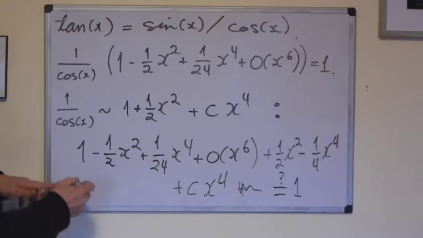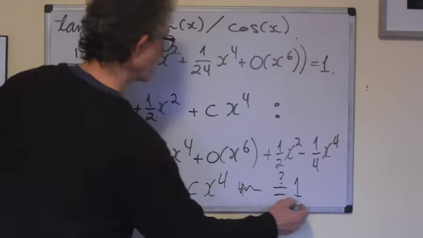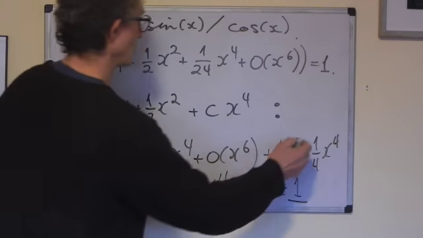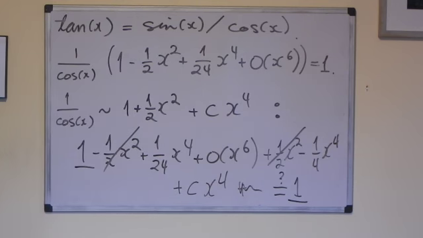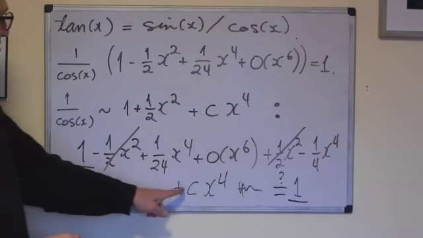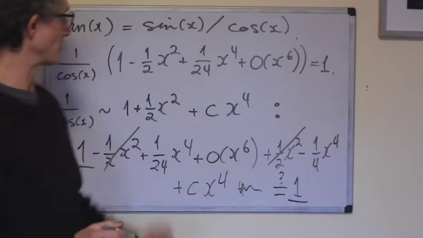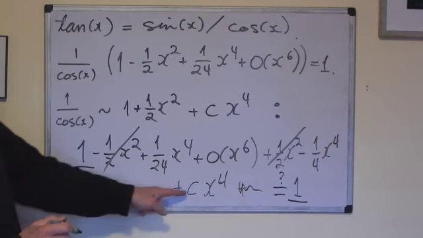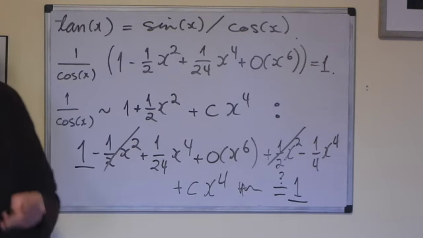So obviously this is okay. The minus 1/2 and plus 1/2 x squared terms cancel. And so c is going to be plus 1/4 minus 1 over 24. That tells us what this coefficient is.